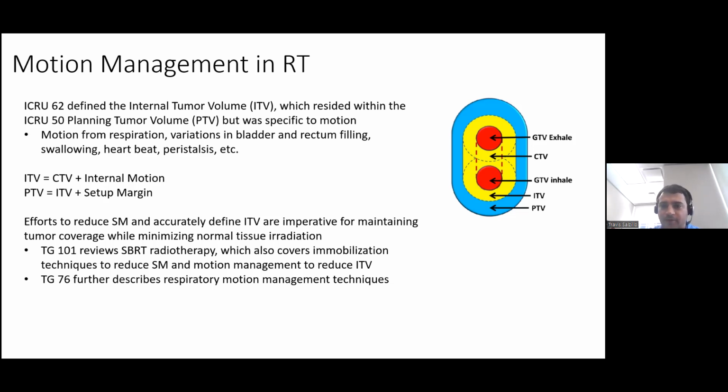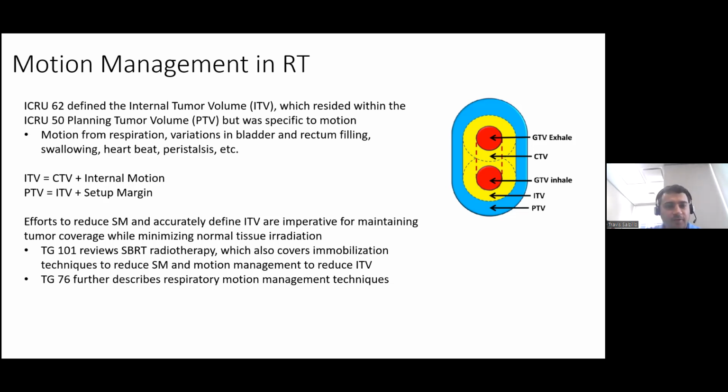However, over time, we recognized that due to setup errors as well as motion within the patient itself, these margins weren't sufficient for completely covering the target from fraction to fraction. And so this group proposed two additional margins, the setup margin and the ITV, or the internal target volume, accounting for internal target motion.